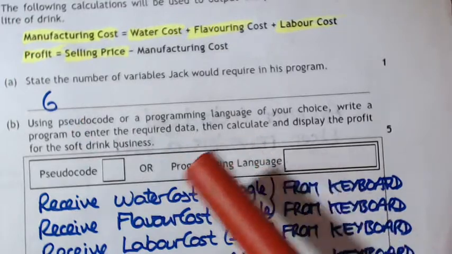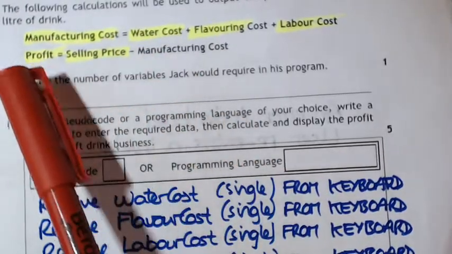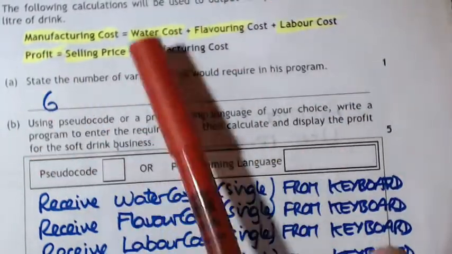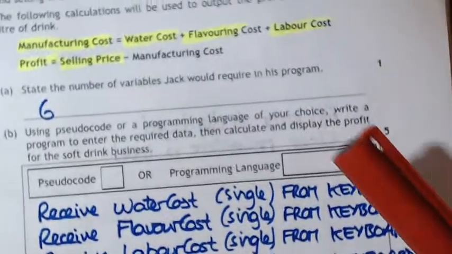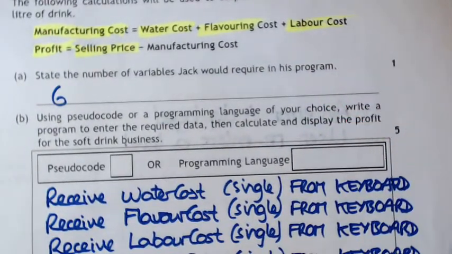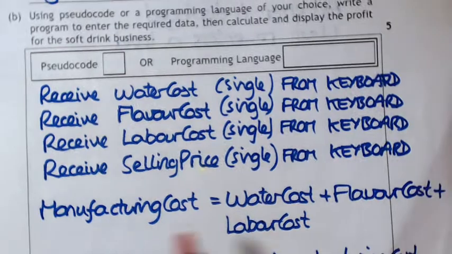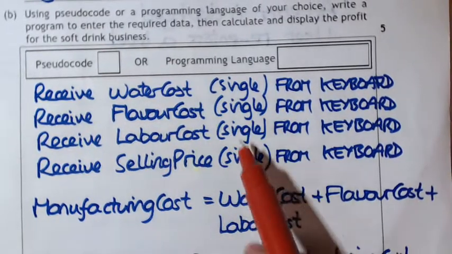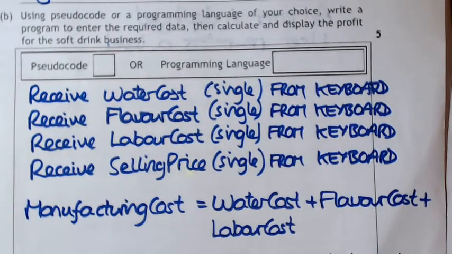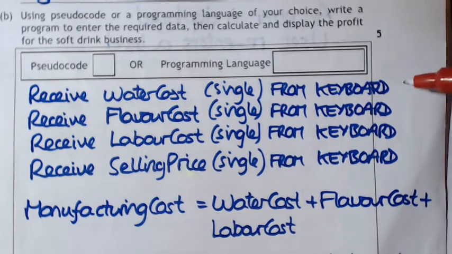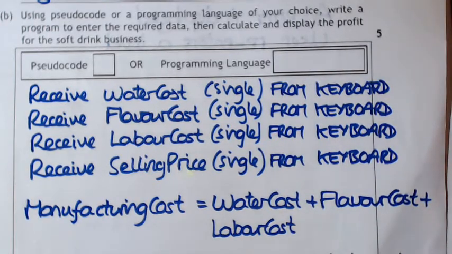Also your selling price, the manufacturing cost and the profit are actually as a result of a calculation of these. So we're only actually going to ask the user to type in 4 values, so that's why we've got 4 lines talking about receive, and also remember to mention the actual variable type. So essentially this 1 line takes care of maybe 2 lines in Visual Basic of actually declaring the variable, and then another line of actually getting the input from it.